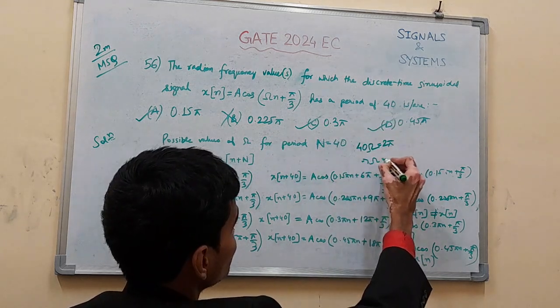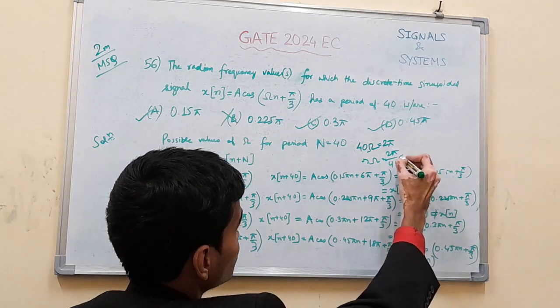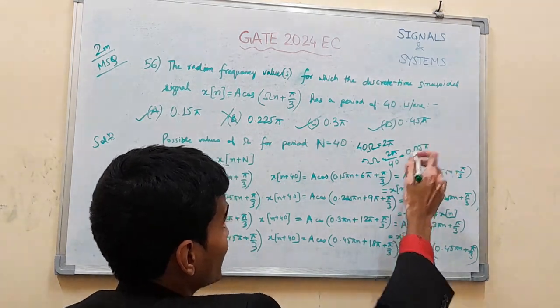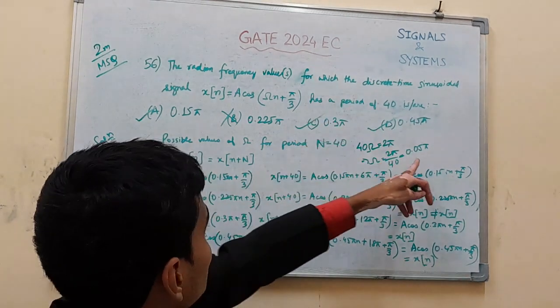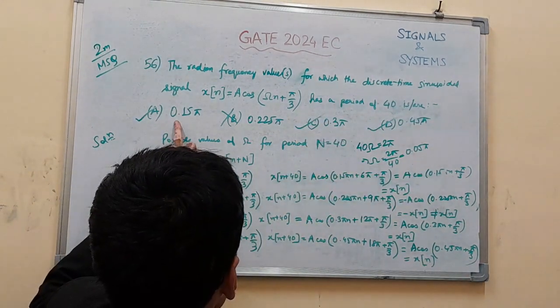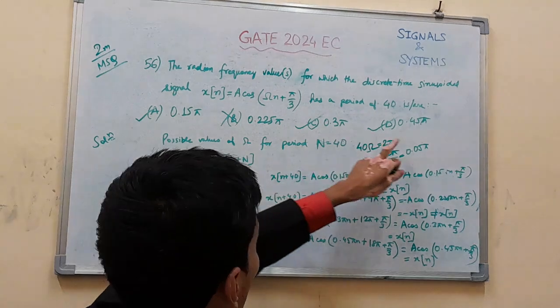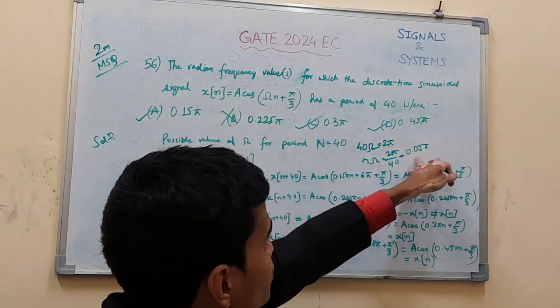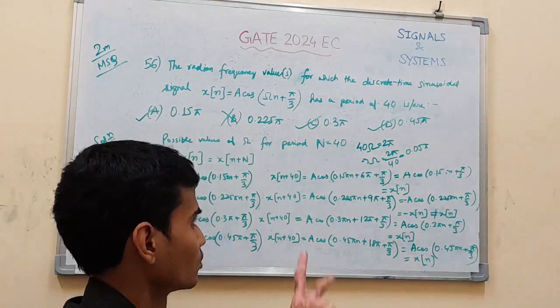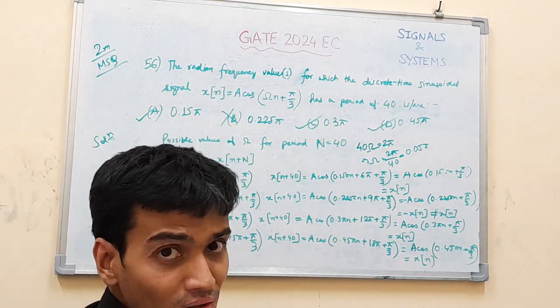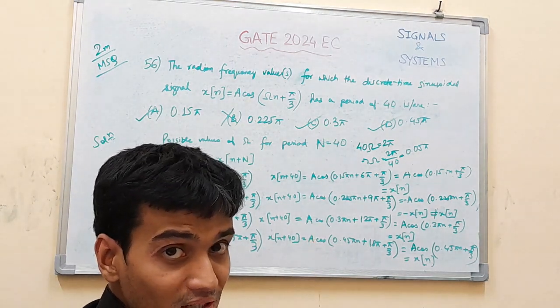So the fundamental frequency is 2 pi by 40, that is 0.05 pi. Any frequency that is a multiple of the fundamental frequency will have the same period. You can check: the correct options are 0.15, 0.3 and 0.45 pi, all of which are multiples of 0.05 pi. So I explained both approaches and also the detailed steps.